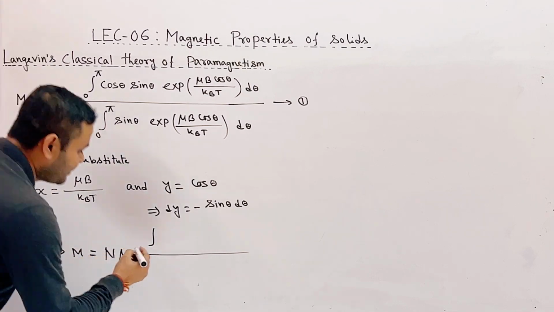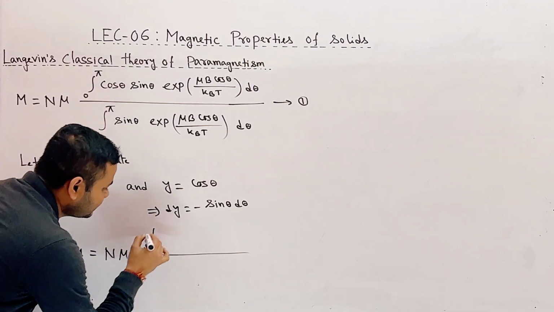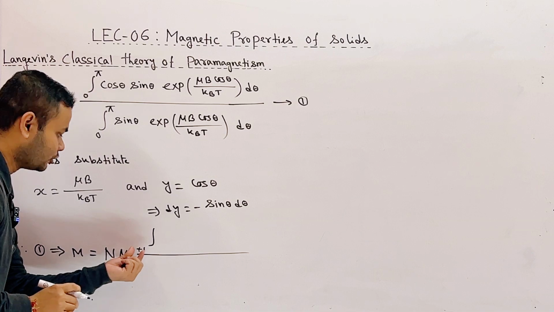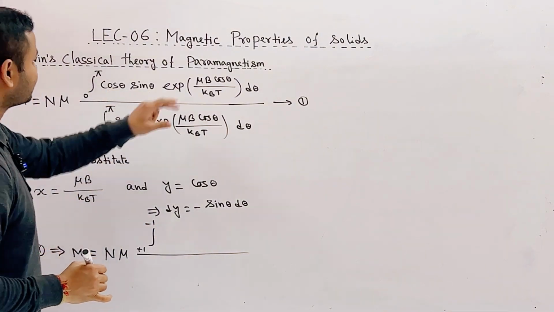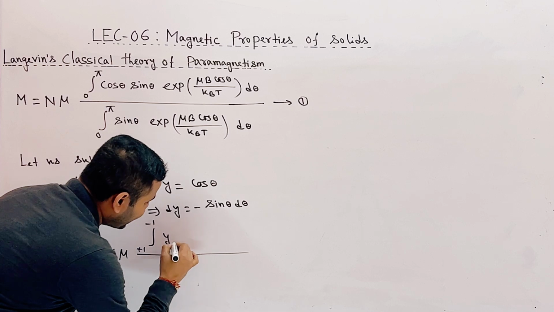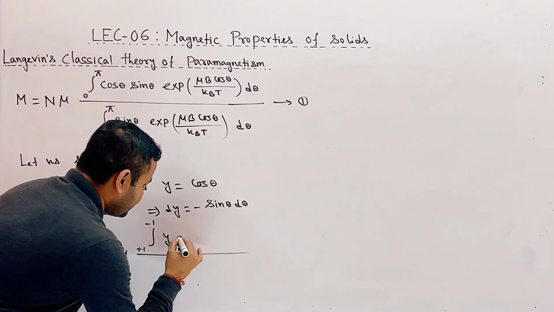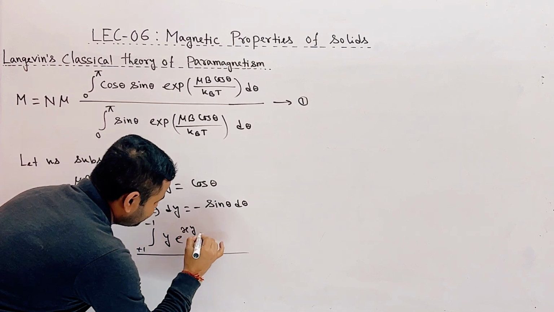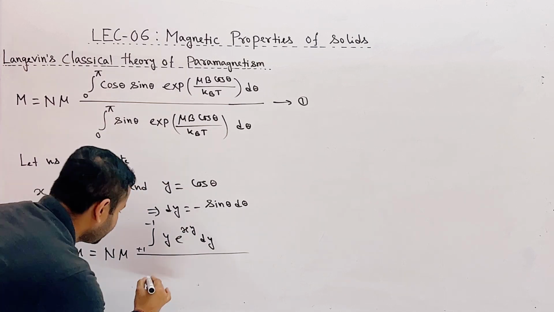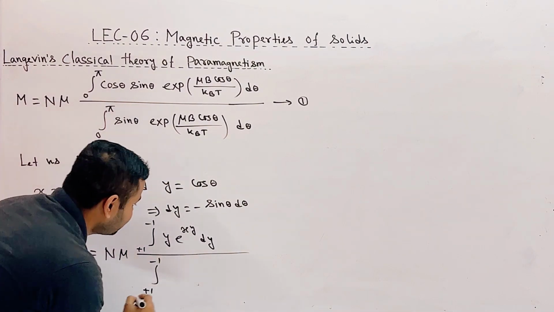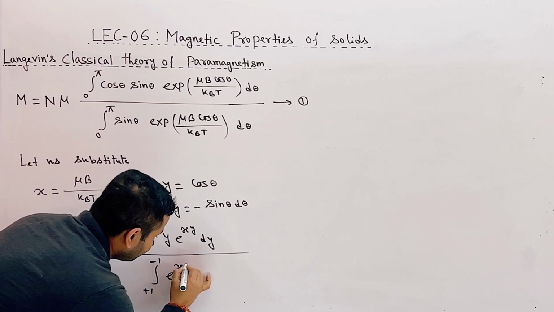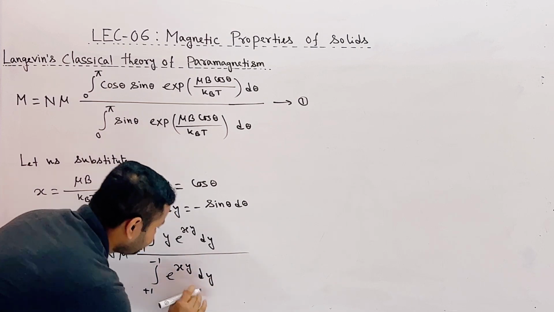So the upper limit will be plus 1 and the lower limit will be minus 1. Okay? And this term will become y e to the power xy dy divided by integration plus 1 to minus 1 e to the power xy dy.